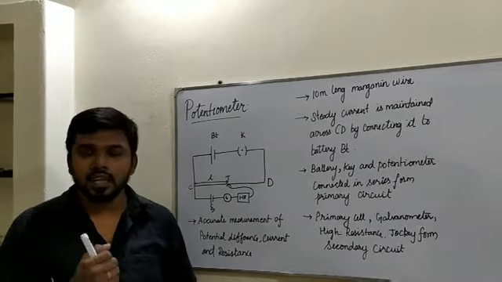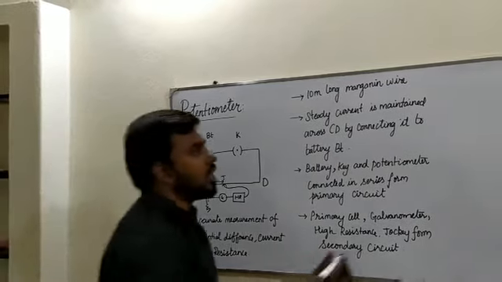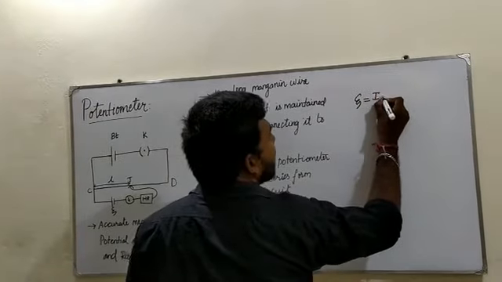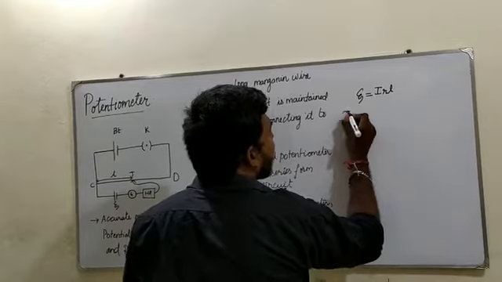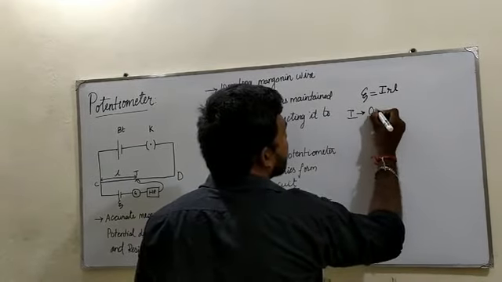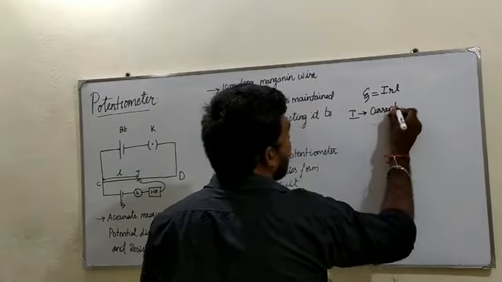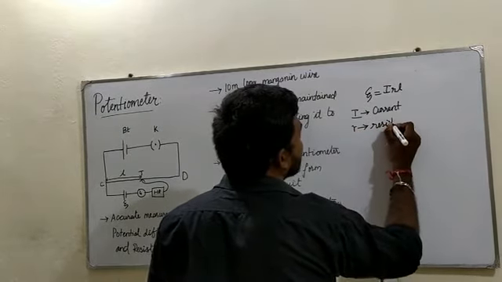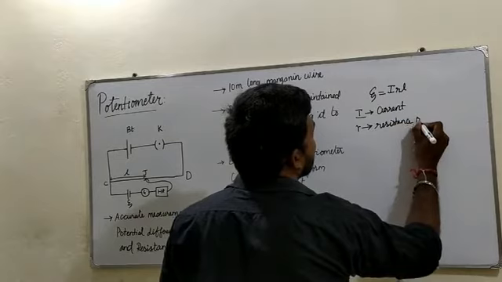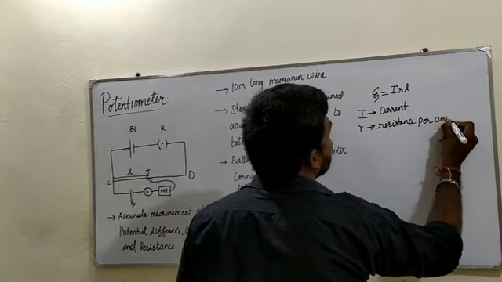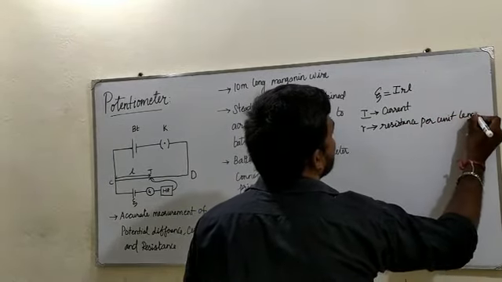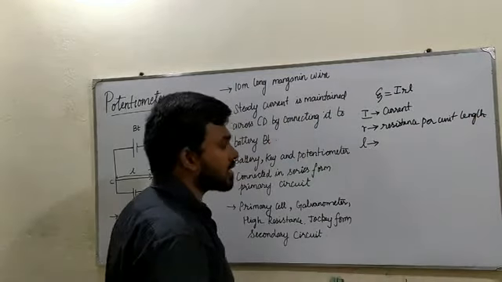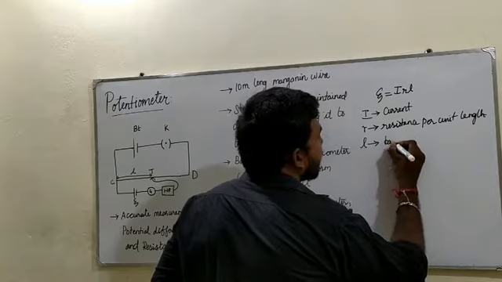We can say that the EMF of the cell will be equal to I R L, where I is the current passing through and R is the resistance per unit length, and L we will be calling the balancing length.